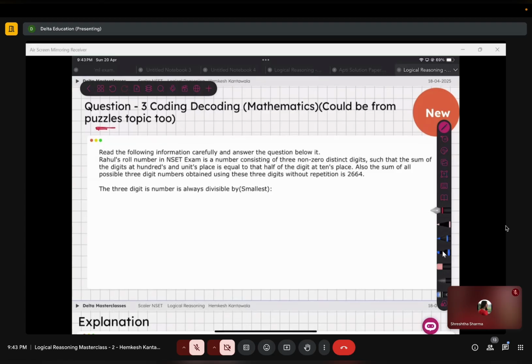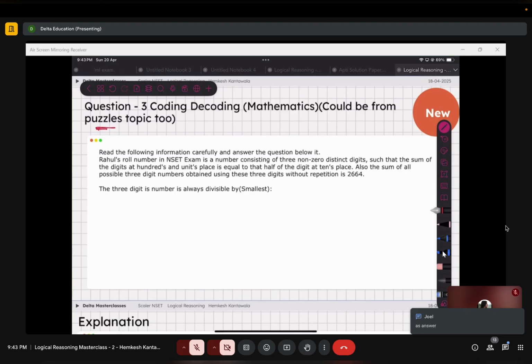Anybody getting the answer? Can we put 1? So that digit can be anything, but it should be a 3. Can we put 1 as the answer?